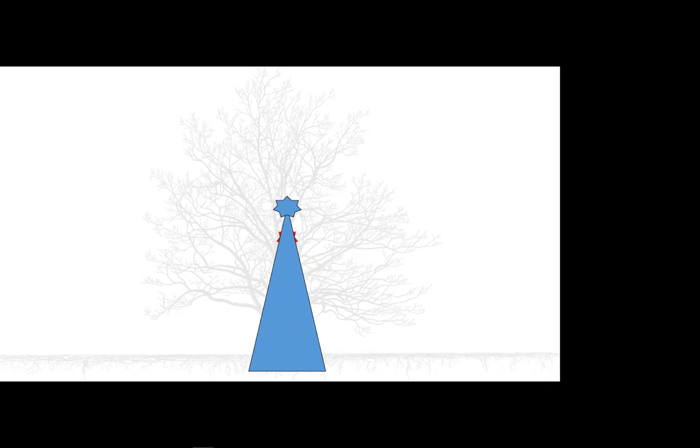Right now, those buds are waking up. They're producing chemicals. They may also be producing new cells. That's why they're getting bigger. And eventually what's going to happen is in a couple of months, they're going to start elongating and making new shoots.